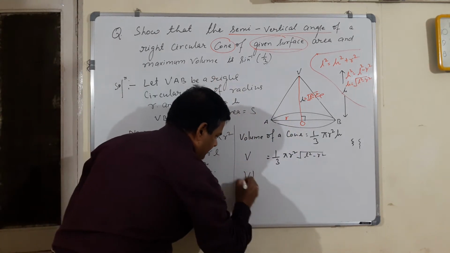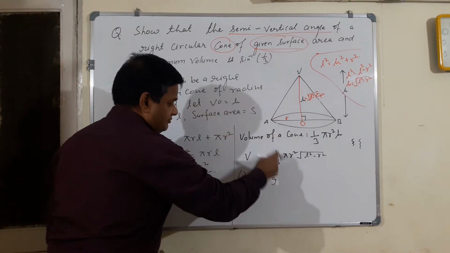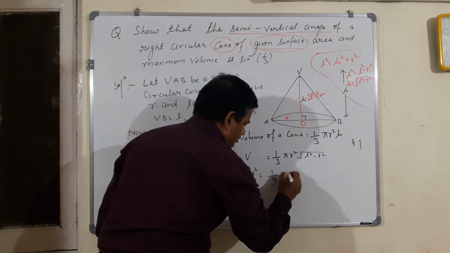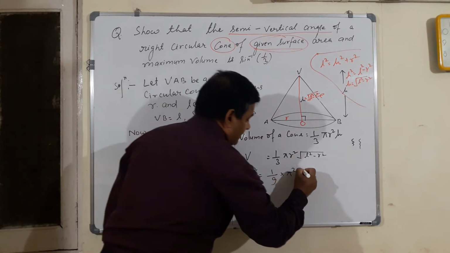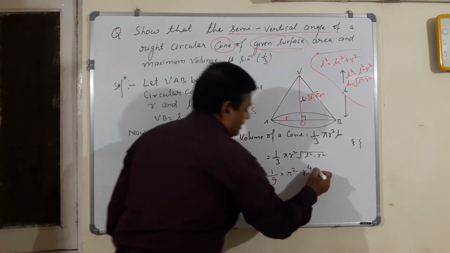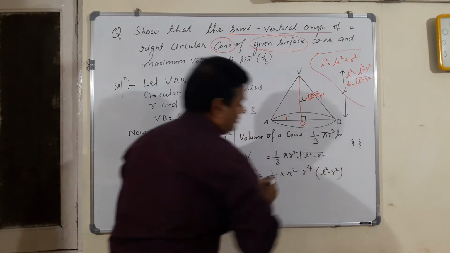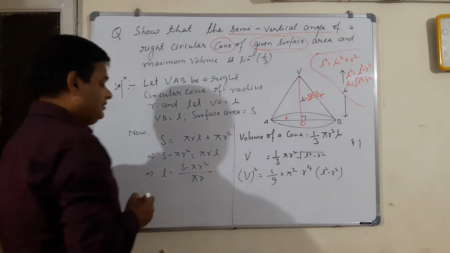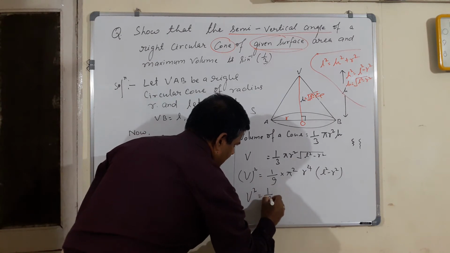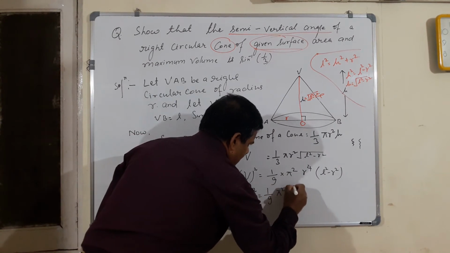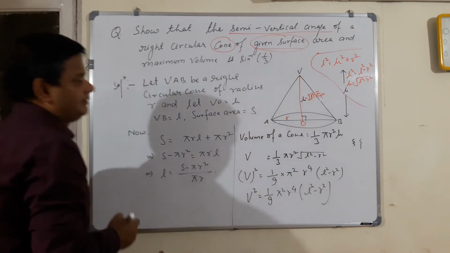So V square is equal to 1 by 9, since 1 by 3 whole square is 1 by 9, into pi square, r raised to the power 4, and the square root is removed: L square minus r square. So V square is equal to 1 by 9 pi square r raised to the power 4 into L square minus r square.